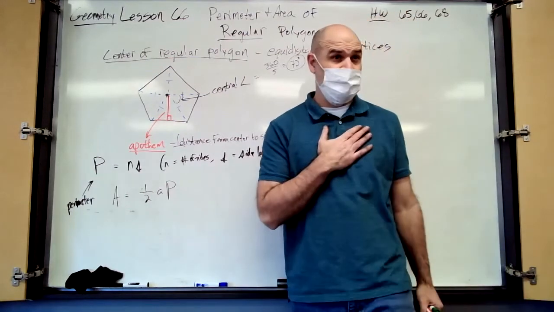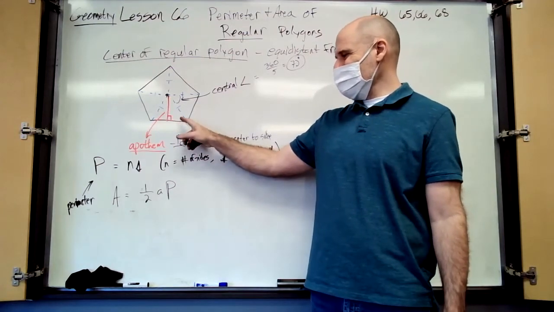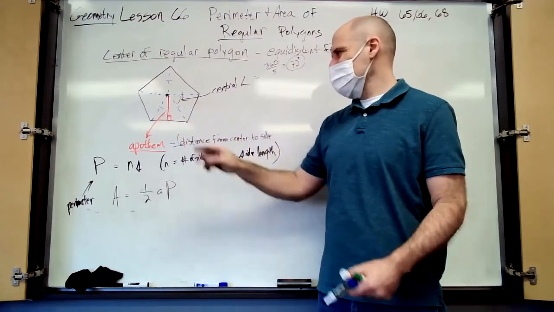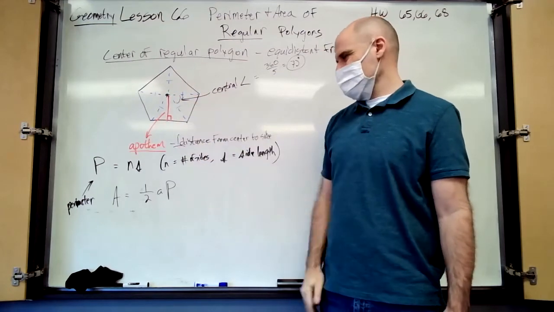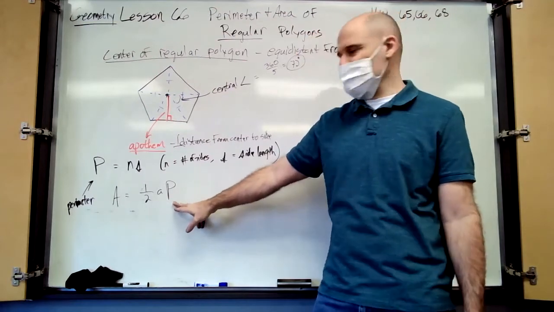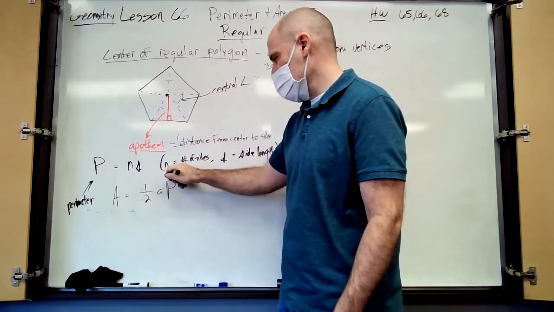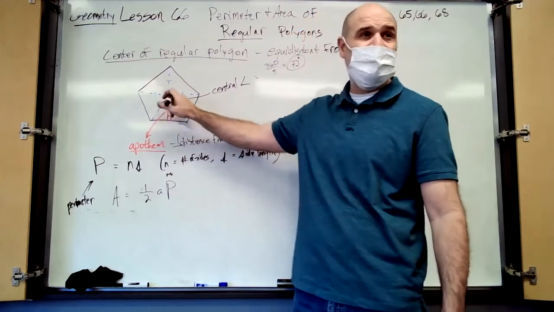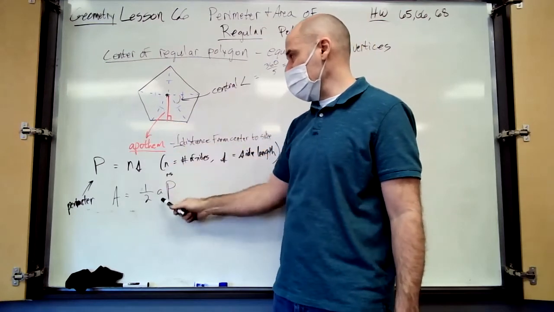Now, think about it. How do you find the area of just one of these triangles? It's 1/2 times base times height. The base is the side length S, and that height's the apothem. So the area of one of those Trivial Pursuit triangles is just 1/2 AS.